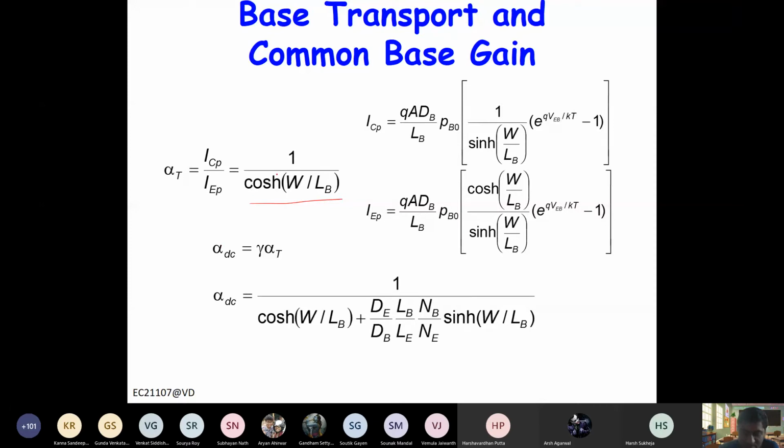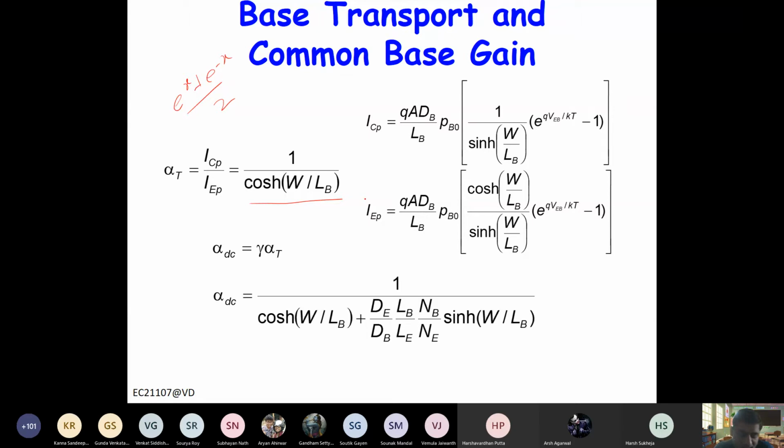So cosine hyperbolic, how does the cosine hyperbolic vary? How does the cosine hyperbolic function behave? Cosine hyperbolic is e to the power x plus e to the power minus x by 2, right?